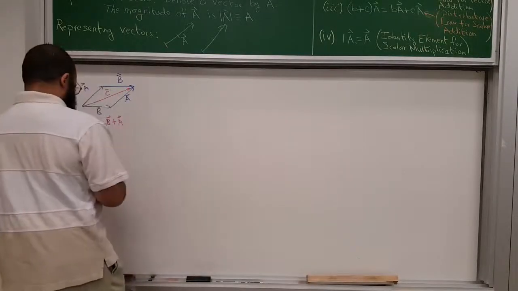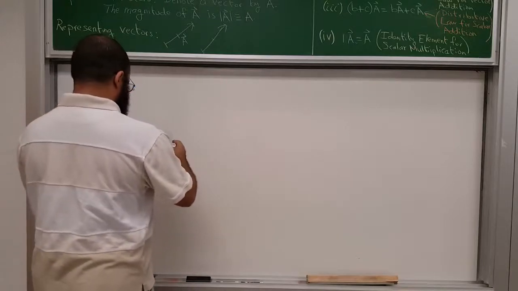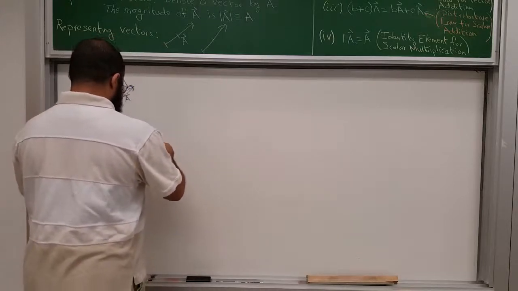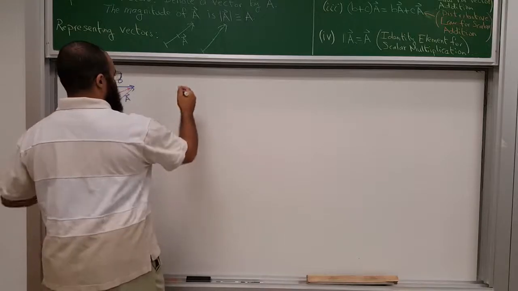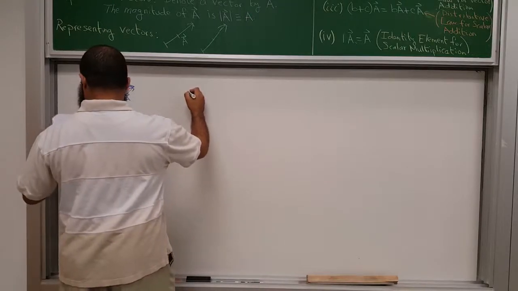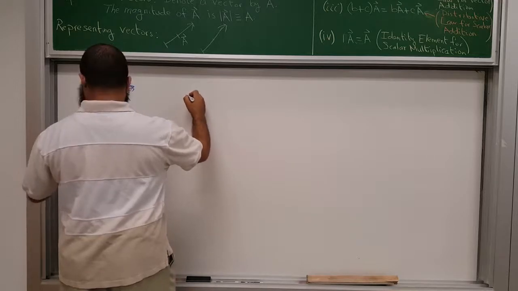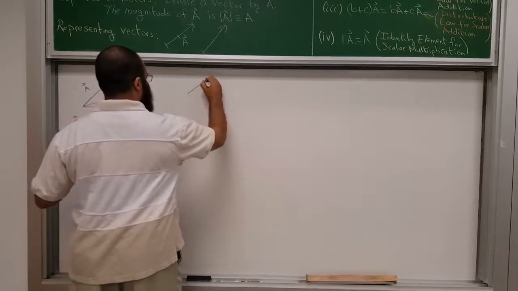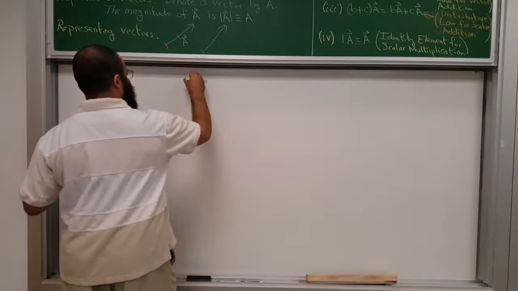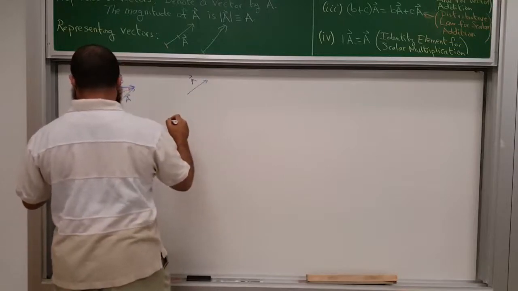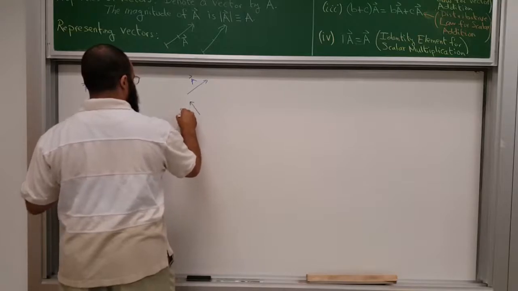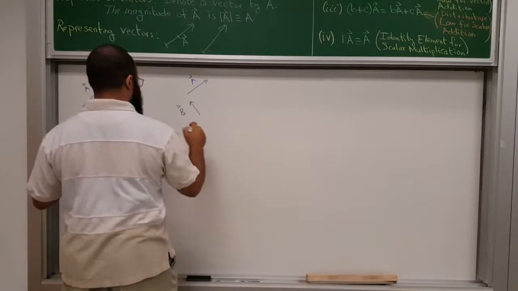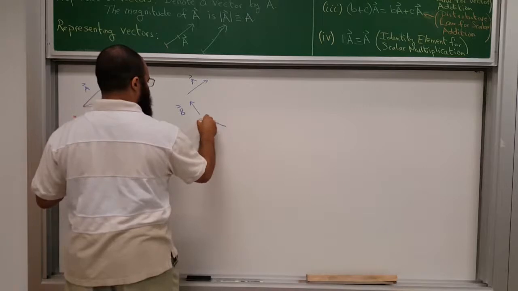It's hard to draw, so let's say this is vector A, this is vector B, and vector C looks something like this.